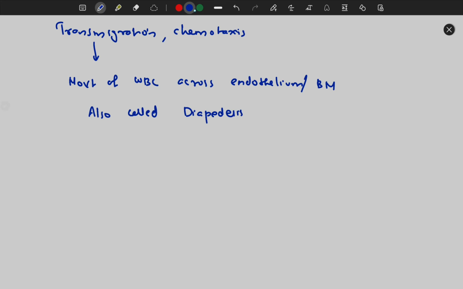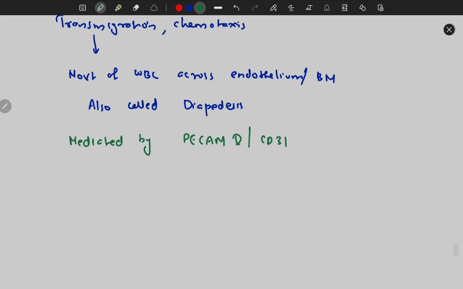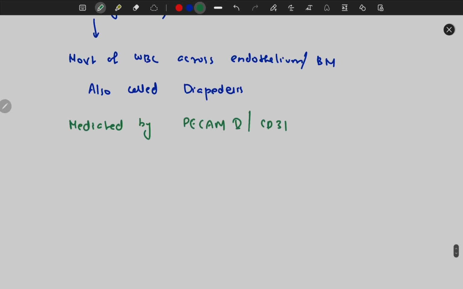This transmigration is mediated by PECAM-1 or CD31. It is a marker which is represented in the PECAM-1.